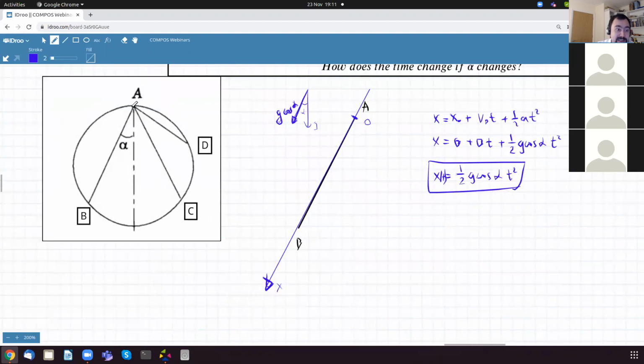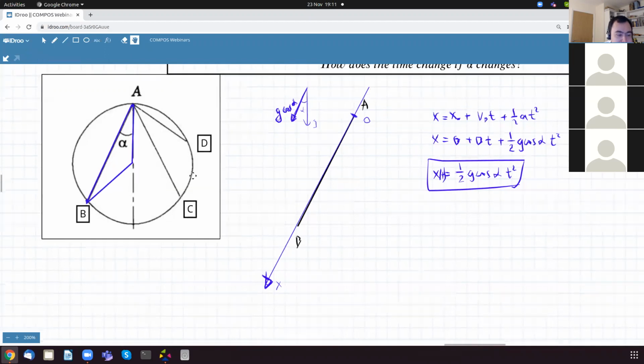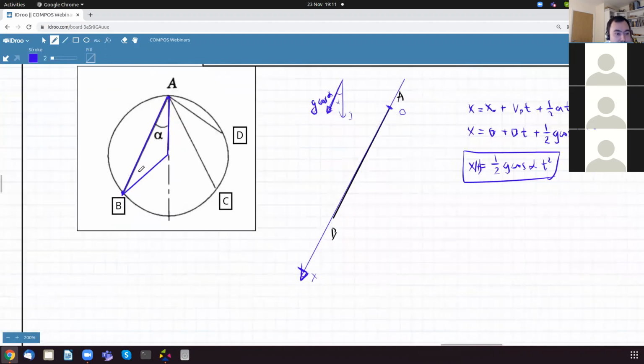Now we need to establish how far it has to go in terms of the radius. And to do this, we're going to use the cosine rule, which you should be familiar with.